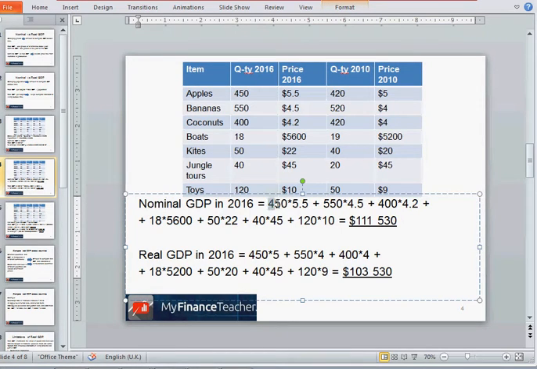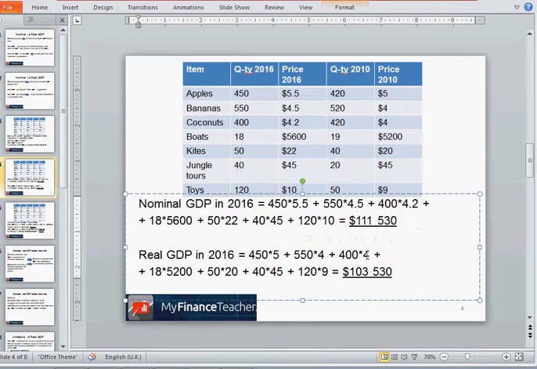So 450 apples produced multiplied by the price of $5.50 per apple in 2016 plus 550 bananas produced multiplied by their price and so on gives us a nominal GDP of $111,530 in 2016.